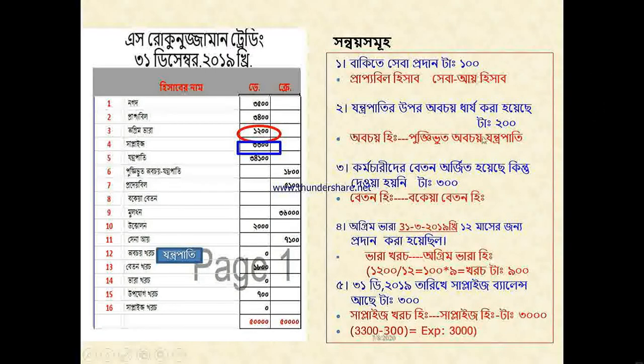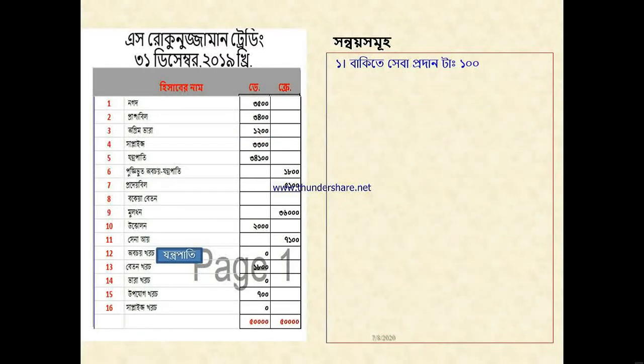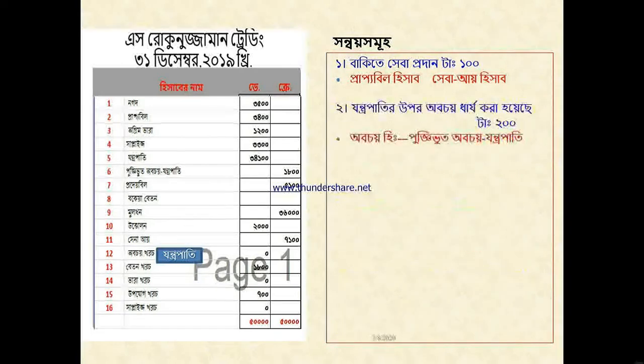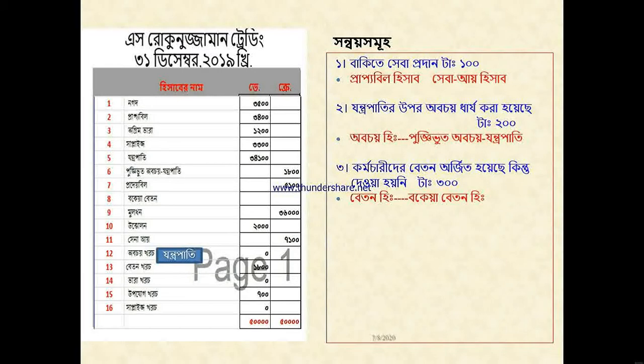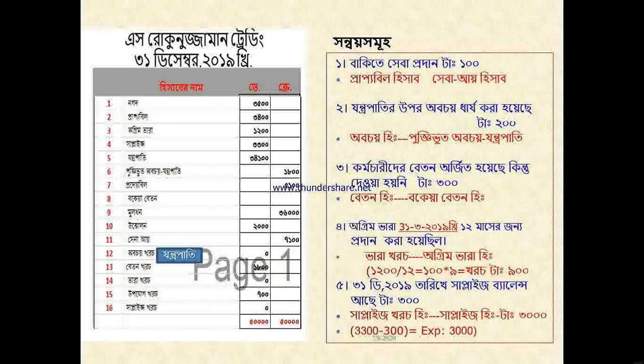So again, we have to understand very clearly. Service provided on credit, taka 100. Charge depreciation on machinery, 200. Salaries earned but the amount not yet paid, taka 300.